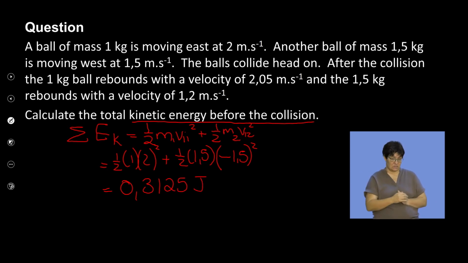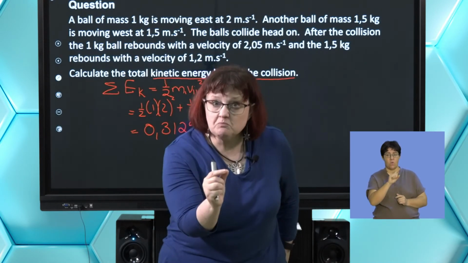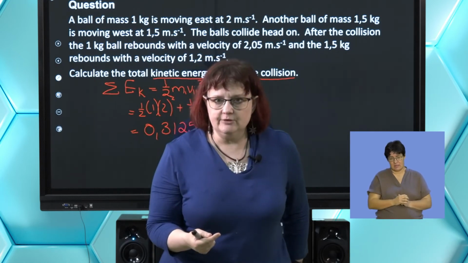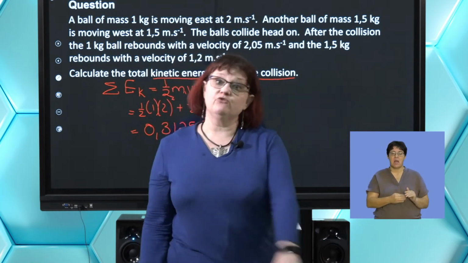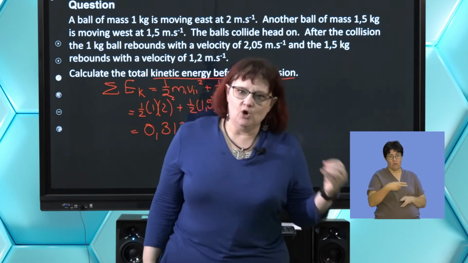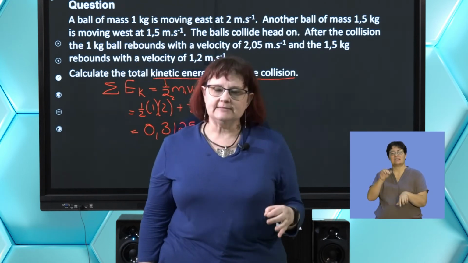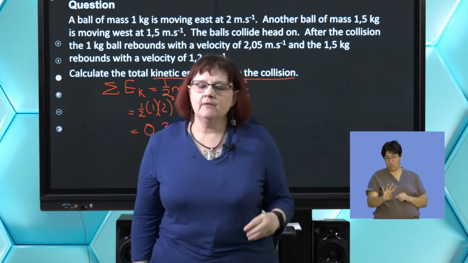Here I've put 4 decimal places, because it is a very small kinetic energy. The instructions in your exam are to round off to at least 2 decimal places for your final answer. Yes, this is a final answer, but because it's exactly 4 decimal places, I'm going to keep it.